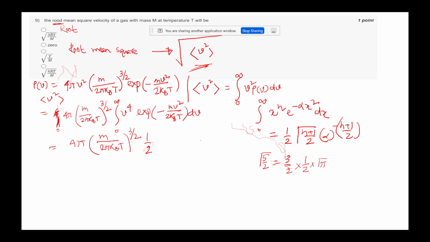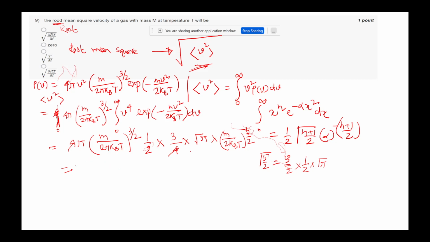And if we put this here, this is 3 by 4 and root pi, and alpha means m by 2 kbt, this will be minus 5 by 2. So this 4 and 4 cancel out, this root pi and root pi will also cancel out, there will be no root pi.